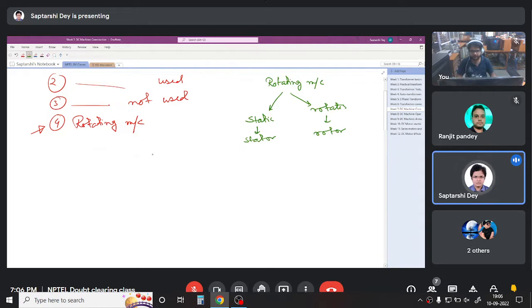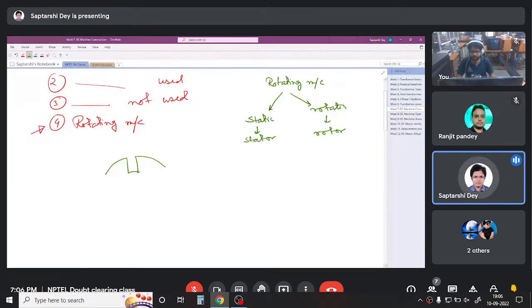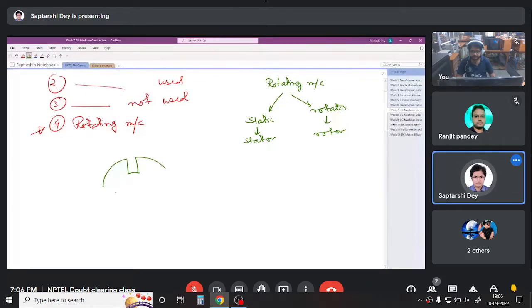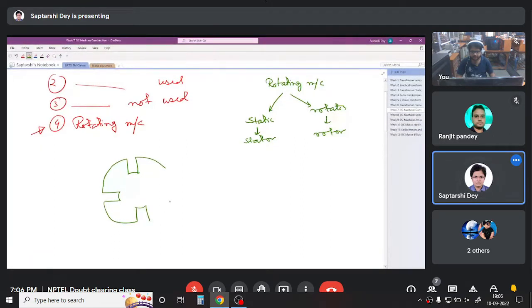Okay, so stator and rotor, how they generally look, we will see. So let us try to draw the stator of one machine. Say the stator of one machine looks like this. Say something like this it looks.